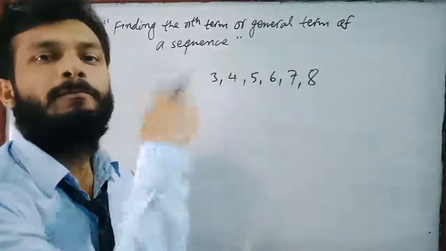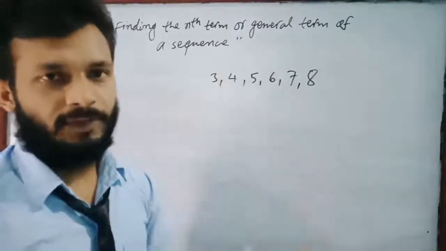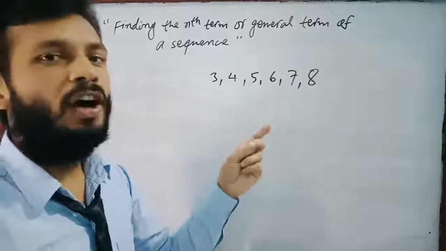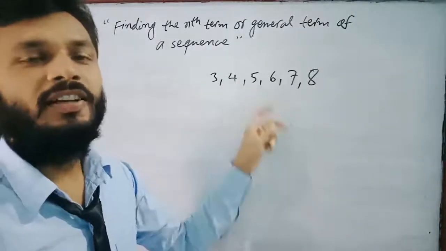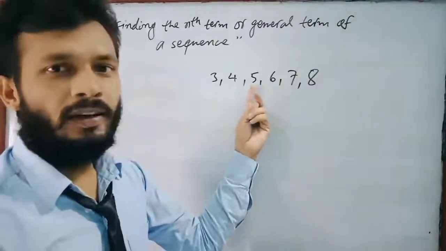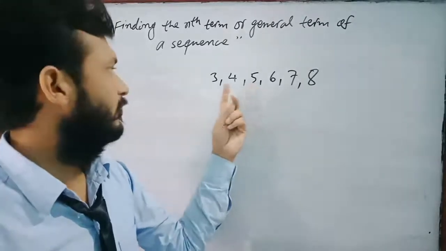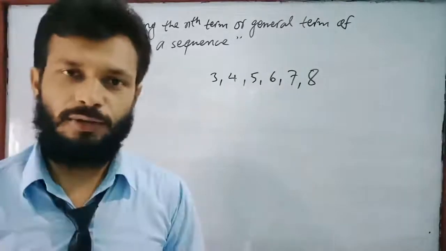Preceding means previous term, and successive means after. What is the term after 4? 5. 5 is called successive also. What is the term before 5? 4. So 4 is called preceding also.